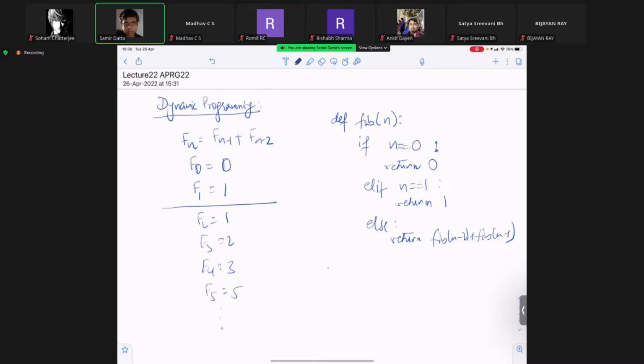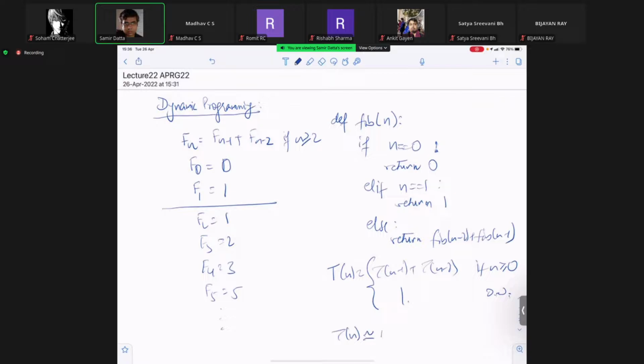Because if you write the recursion, it will be exactly this: Tn is equal to Tn minus 1 plus Tn minus 2 if n is greater than or equal to 2, and 1 otherwise, correct? So basically Tn is something like Fn plus 1 or some such.